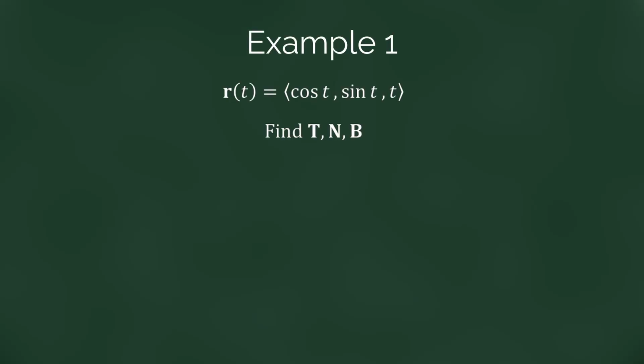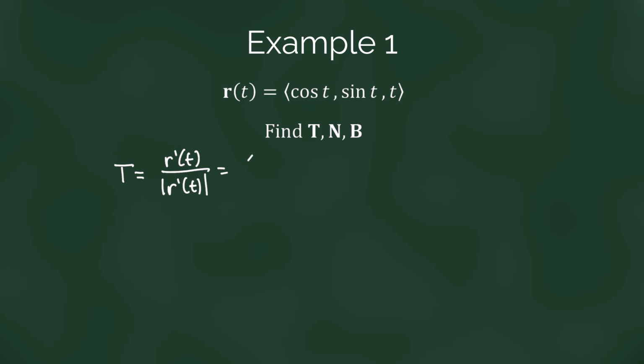Let's work with an example. Here we have the curve r of t equals cosine t, sine t, t, and we want to find all three vectors for this. So we'll start with T. We know that T is going to be r prime of t over the magnitude of r prime of t.